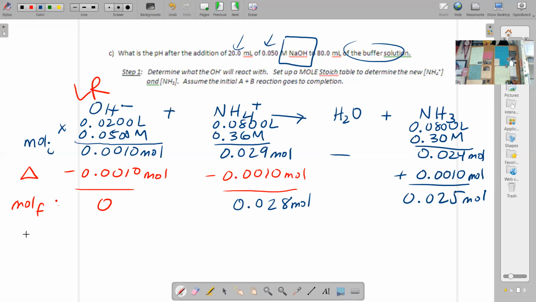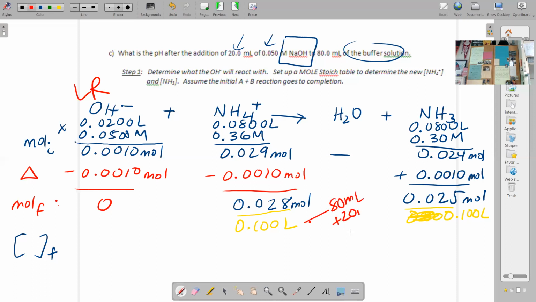And interestingly enough, these mole values are diluted over what total volume? That's right, because you had 80 mL and then you added 20. So what's the new total volume? Divide by 0.1000 liters for both of them. And just remind yourself, where did that come from? The 80 mL plus the 20 mL, right?